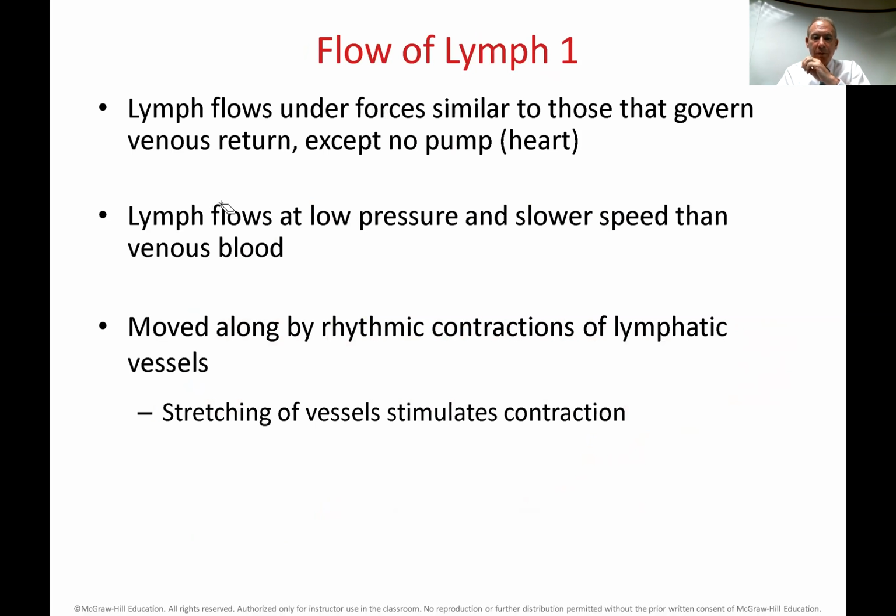So when the lymphatic vessels contract, that helps push the lymph along, and the valves, which will open to allow the lymph to go up and then close so it doesn't fall back down, help as well. When we take a deep breath in, we lower the pressure in our chest, in our thorax, where the subclavian veins are, and that helps drive the return of the lymph as well.